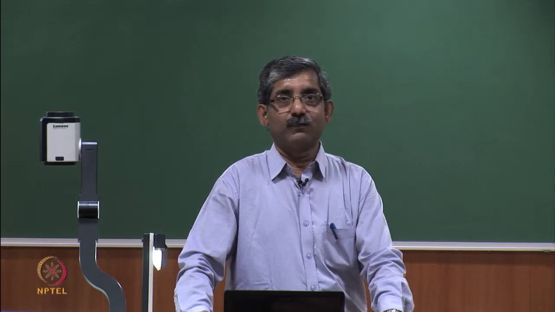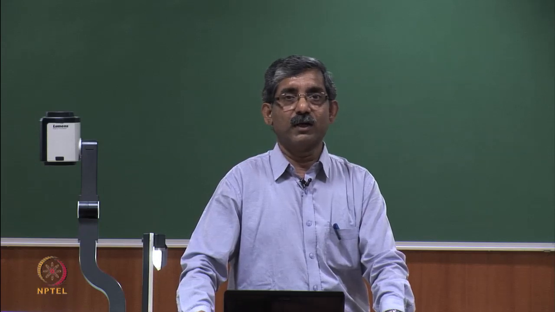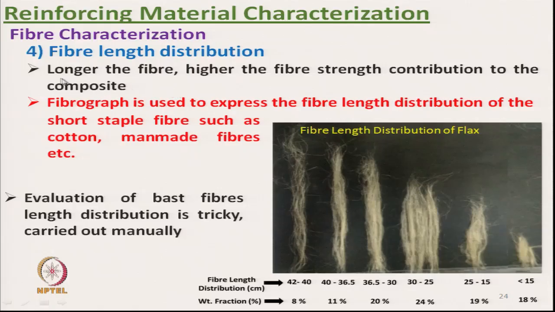Now, the fiber length distribution is also an important characteristic. The longer the fiber, the higher its length contribution to the composite. For cotton we can use the fibrograph, which measures the fiber length distribution of short fiber.